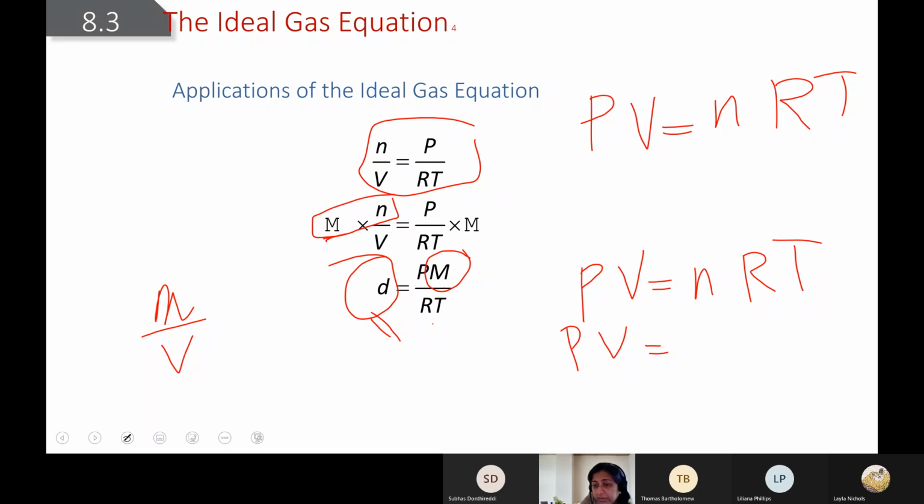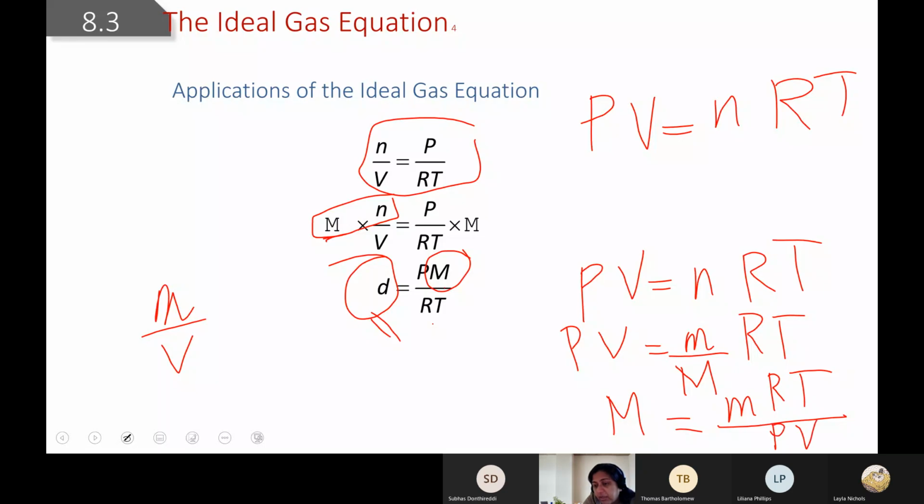Yes, that is the mass divided by the molar mass, RT. So when I solve for the molar mass, it is mass multiplied by the gas constant multiplied by the temperature in Kelvin divided by the pressure and the volume. You can calculate the molar mass of an unknown substance if you know the mass of that sample, the gas constant, the temperature, and the pressure and the volume.